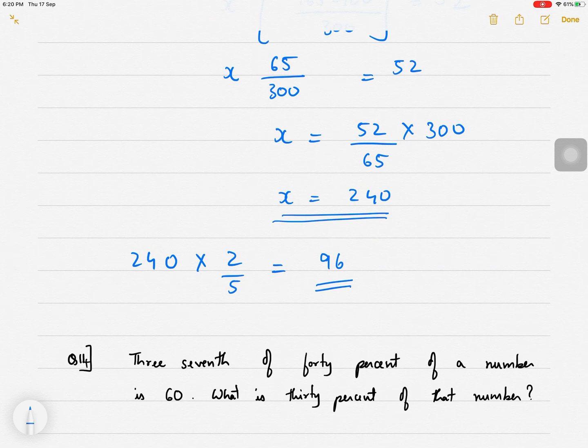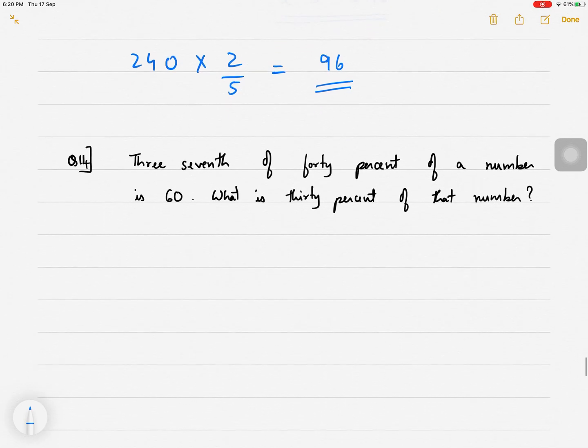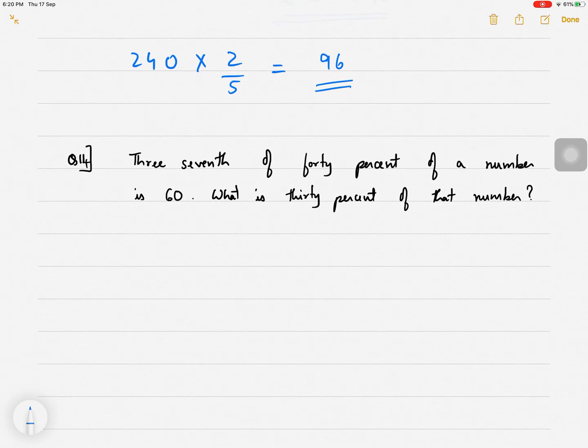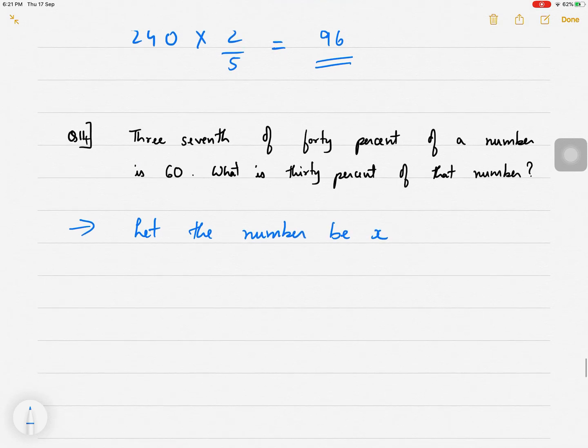Okay. Let's solve the next problem. 3/7 of 40% of a number is 60. What is 30% of that number? Okay. 3/7 of 40% of a number is 60. Let the number be x.